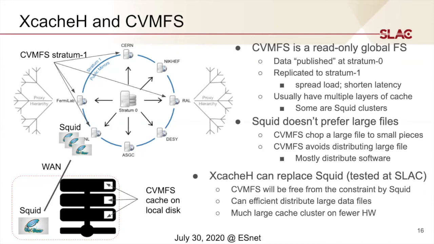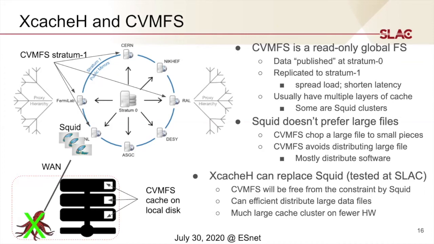If we have to deal with large files in a few cases, we chop the large files into small pieces and distribute them. So this is where Xcache H can play a role. The first place we can do it is here. We can replace this Xroot cache with an Xcache H.